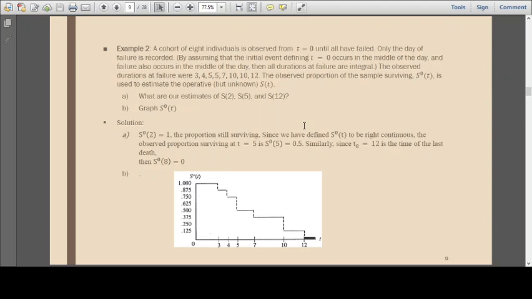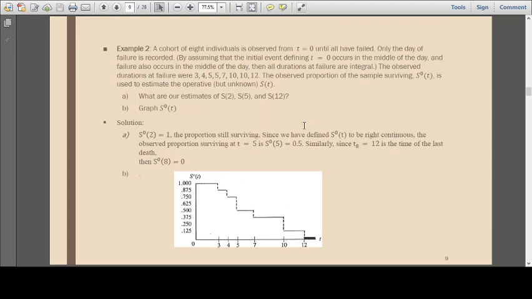Let's look at these examples. For these examples, you have data for T1 and so on, up until when the persons die. In here, deaths were observed at times 3, 4, 5, 5, 7, 10, 10, and 12. It asks you to estimate S(2), S(5), and S(12).